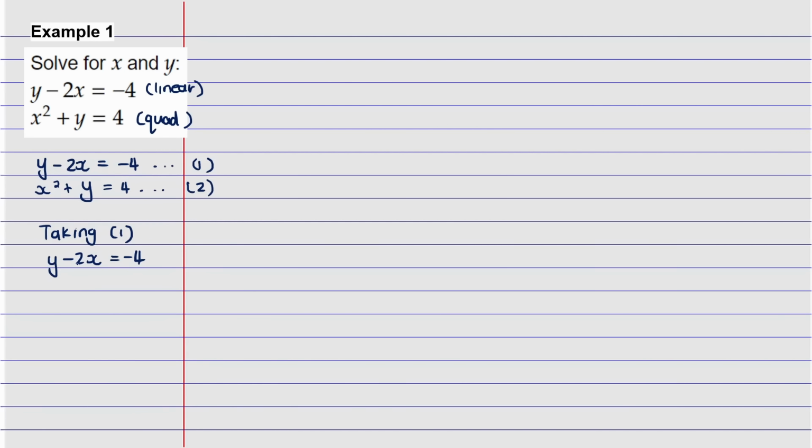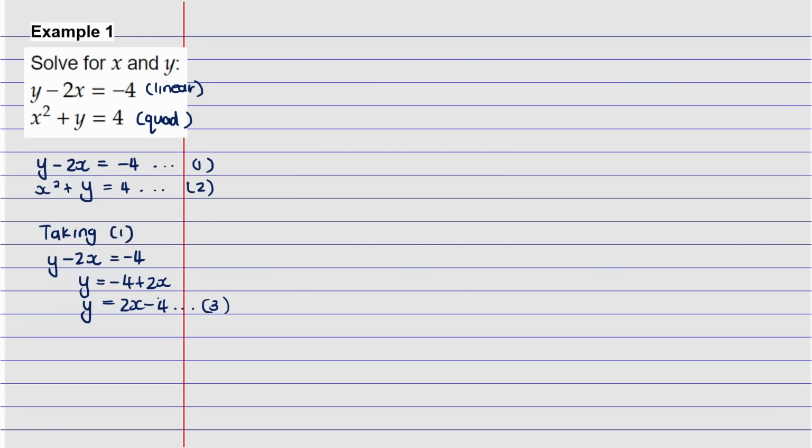Then you're going to make your y or your x the subject, but the easiest one is y. So y equals, take the negative 2x to the other side, so it's going to be negative 4 plus 2x. Let me just fix it up. So it's going to be the same as 2x minus 4. And this, we're going to call equation 3.